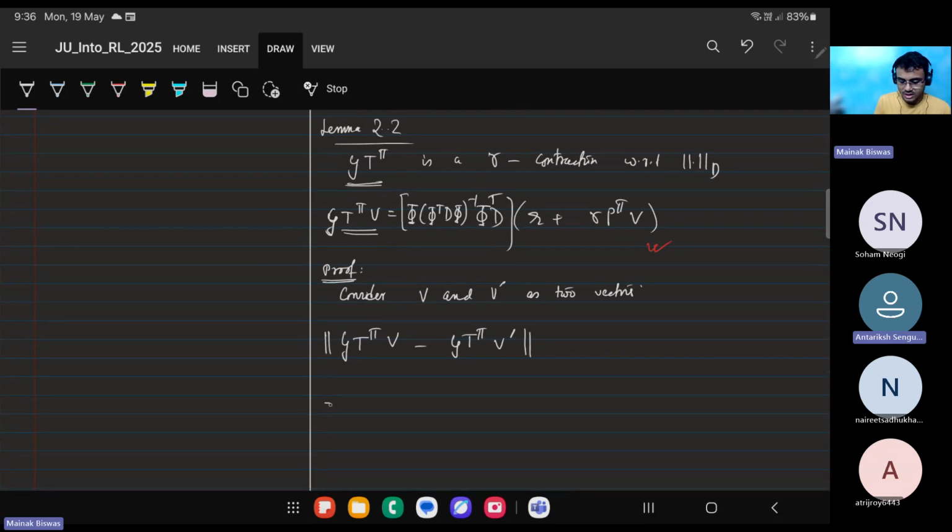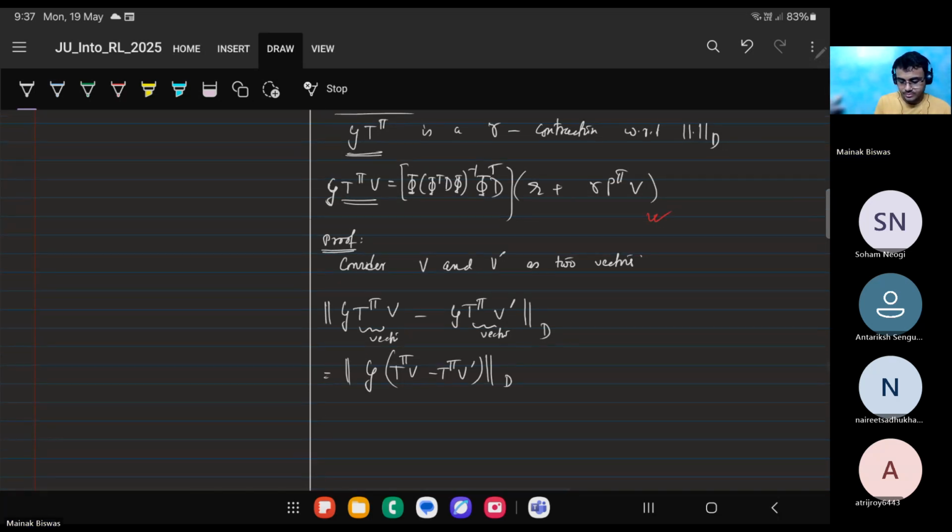Help me, how do I do that? First, let me put T pi inside. Is this fine with all of you? G is a matrix, so I can take G common. These are vectors, and G is a matrix. I just took G common.